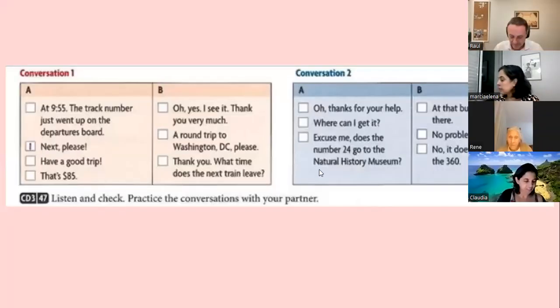All right. Our other exercise was in the book. In the book, we have a conversation. This is why the work was a little confusing, because here you have two conversations.